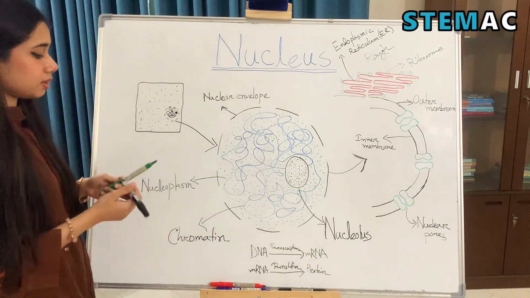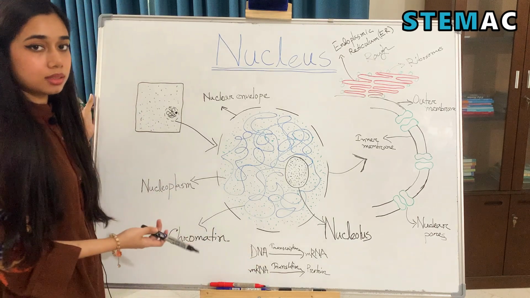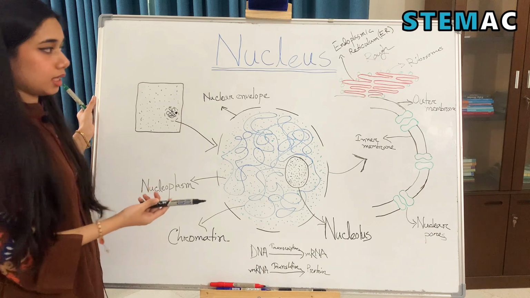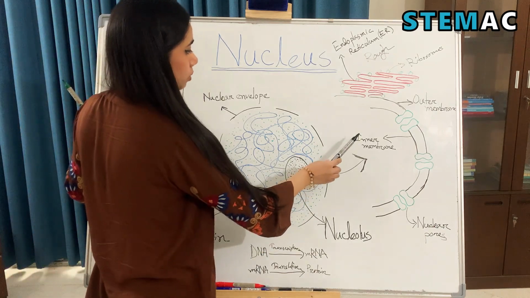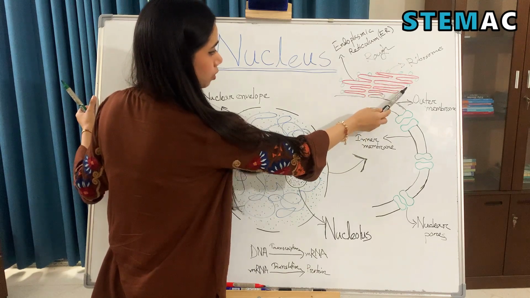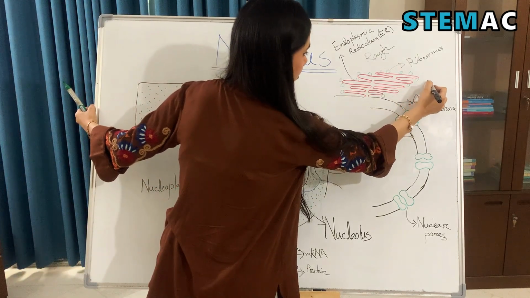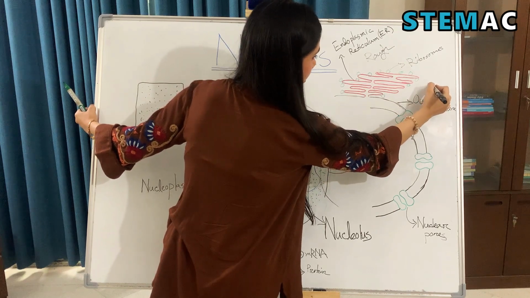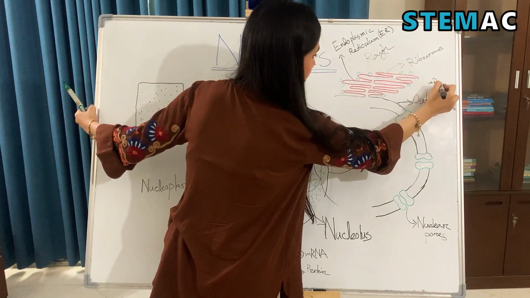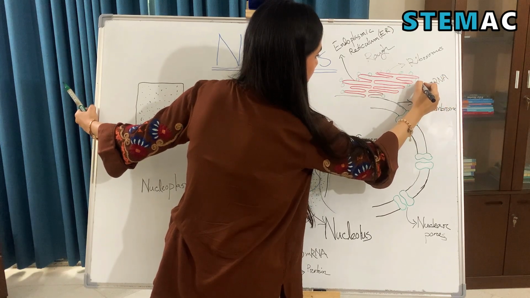So what happens is that when the DNA is converted to mRNA during the transcription process, the mRNA can move out of the nucleus, and the ribosomes can take this mRNA and bind themselves with it. So let's say there is an mRNA here, and they will bind with the ribosome.